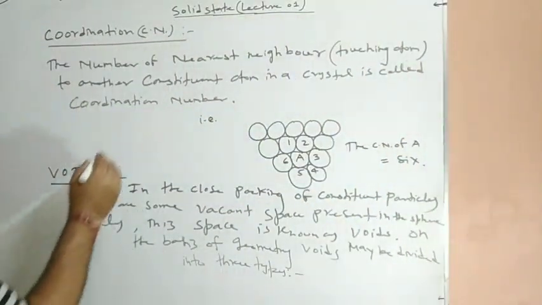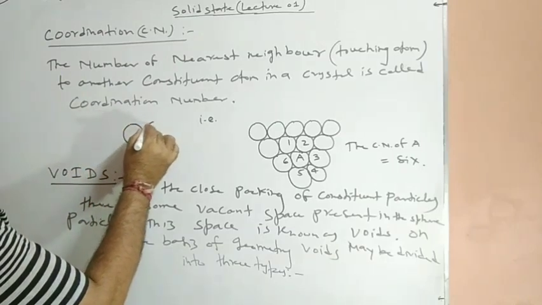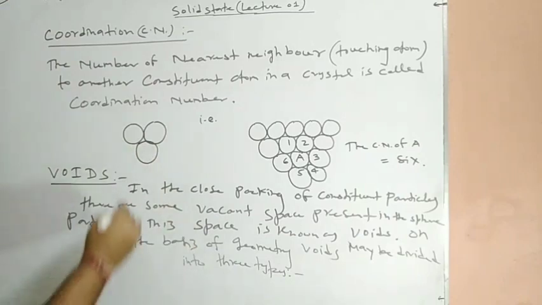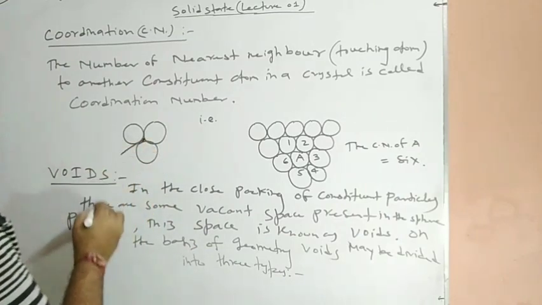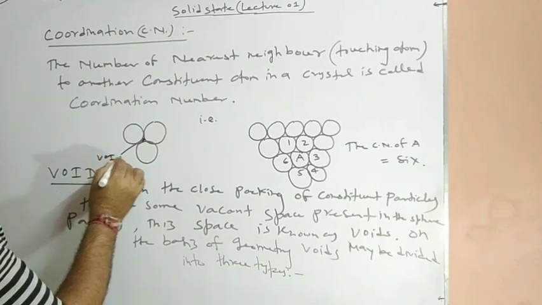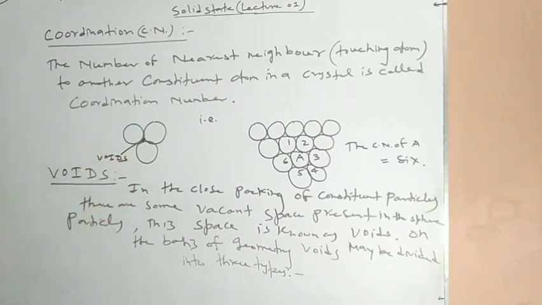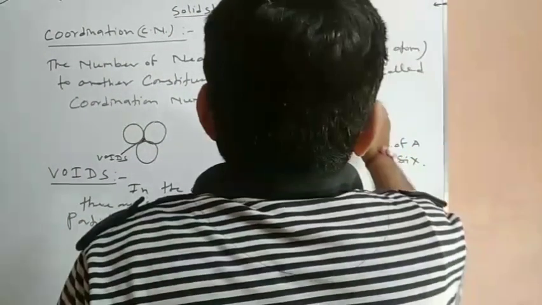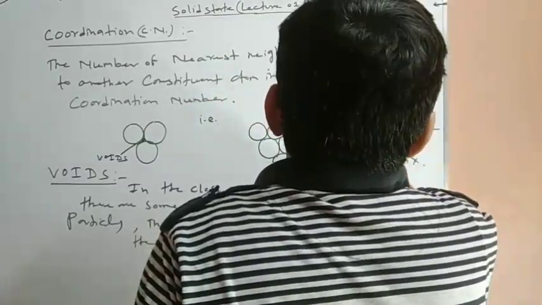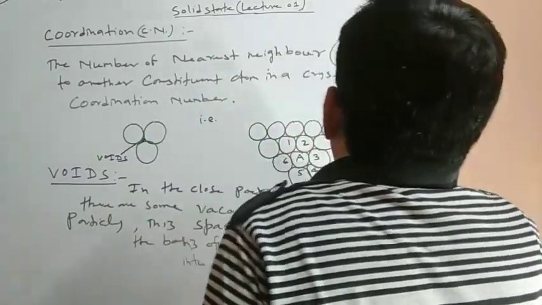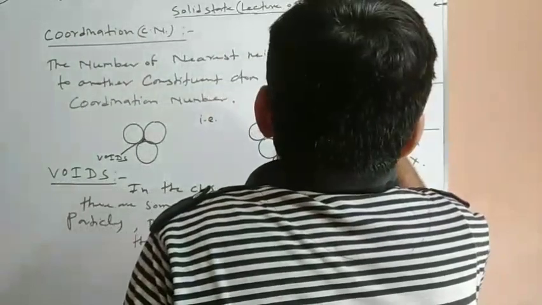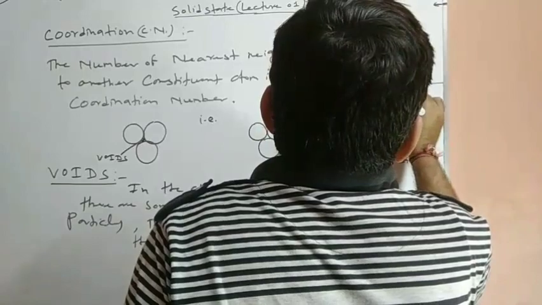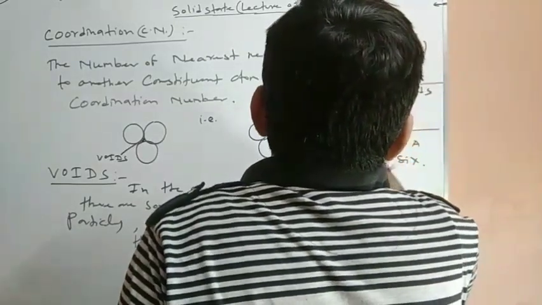Suppose we consider atoms in such a manner, this vacant space is said to be what? Voids. On the basis of geometry, voids are of three types. A, trigonal voids.